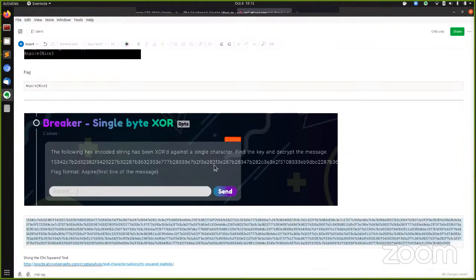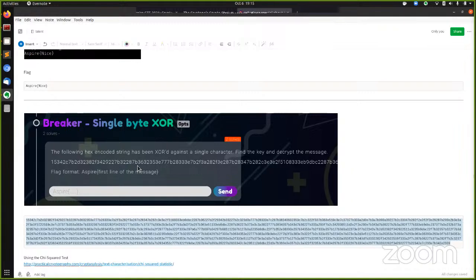If you copy the hex data, this was what was provided. I think it moved out of the page. So this is the full length of the data, and we've been told that this has been encrypted. In short, this is the ciphertext, and we've been told to provide the flag in this format.